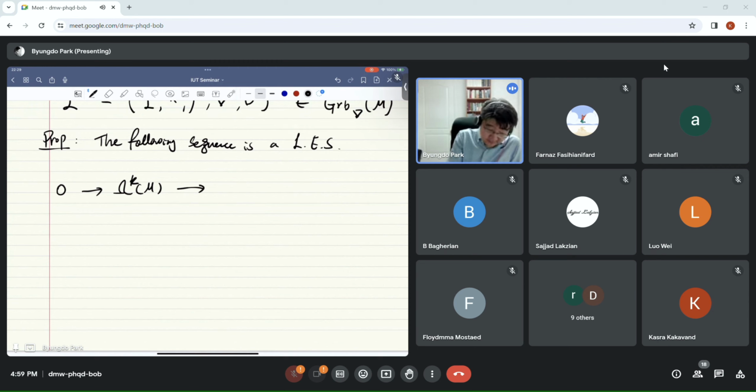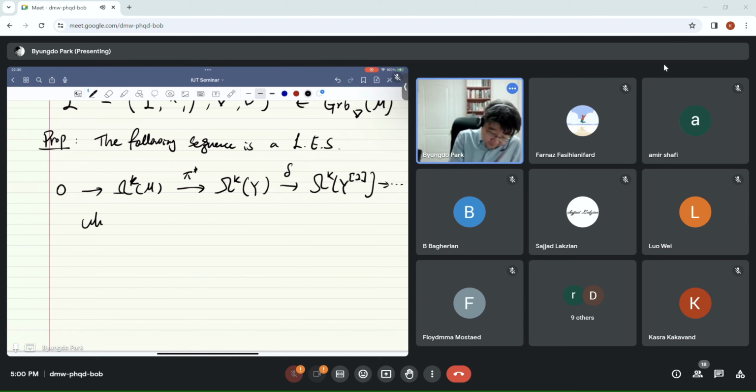And then this is the surjective submersion pullback, so degree k differential forms on Y. And then this delta, I'm going to define. It gives you k-forms on the two-fold fiber product, and so on.